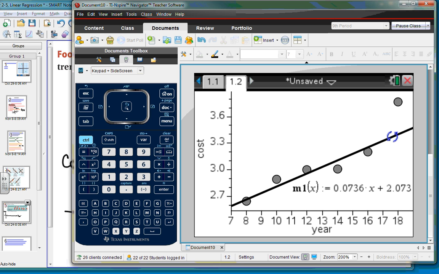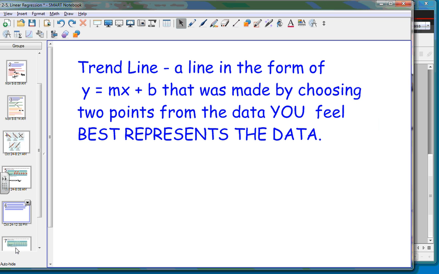Okay? Now, what we want to do is we want to come up with a trend line. Well, what's a trend line, Mrs. Yoder? Please write this down. You do not have this in your notes. I added it afterwards. A trend line is a line in the form of y equals mx plus b that was made by choosing 2 points from the data you feel best represents the data.